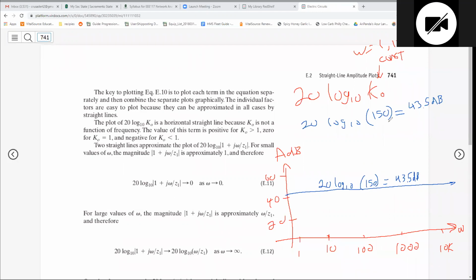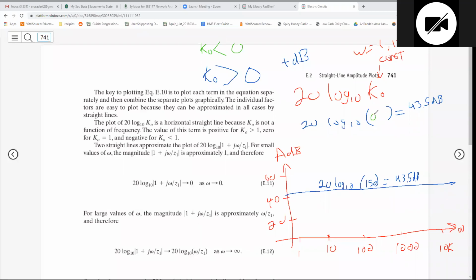Now, if K0 is greater than 0, we're going to be in the positive half. We're going to have a positive dB. What if K0 is less than 1? What's going to happen?